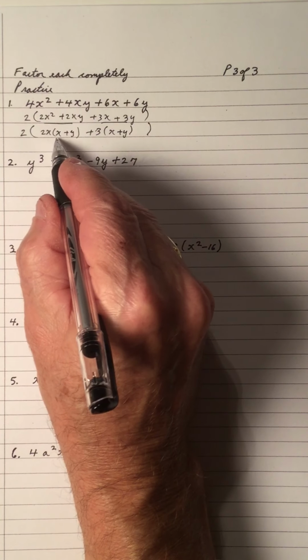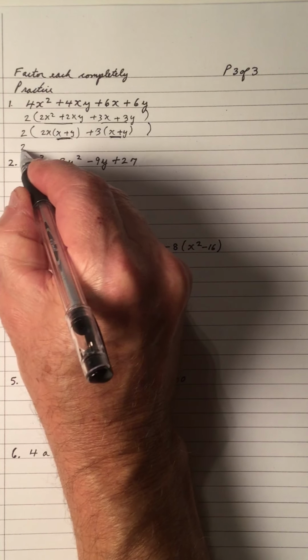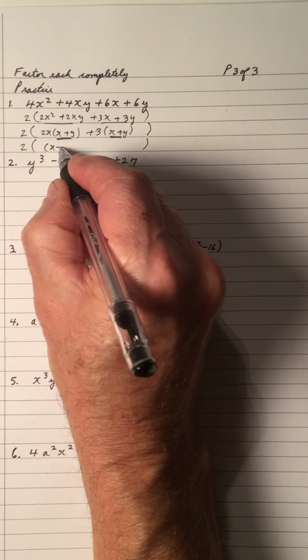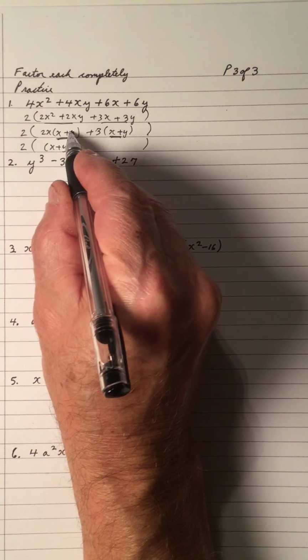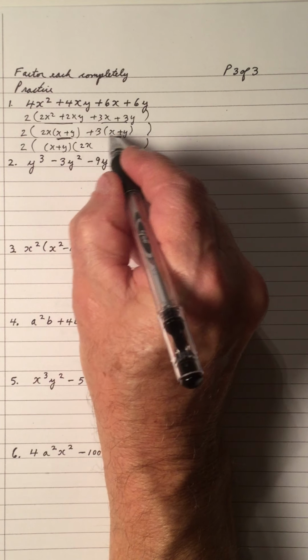And if you notice, that one and that one, they're the same. So I have a 2, big bracket, and I take out the x plus y that's common. And so if I take out x plus y here, I get a 2x. If I take out x plus y here, I get a plus 3.